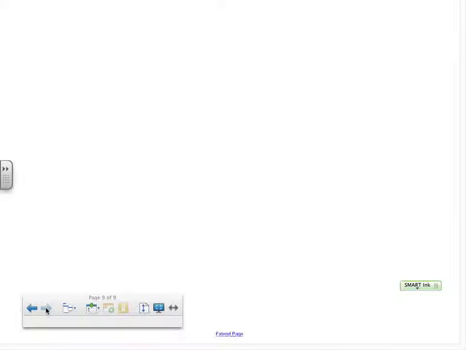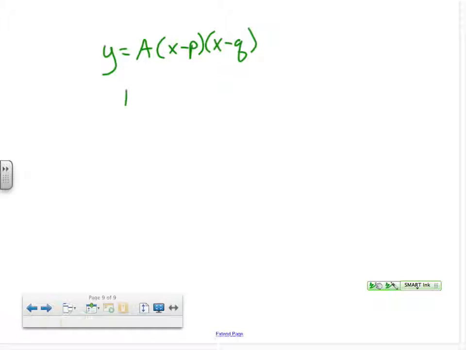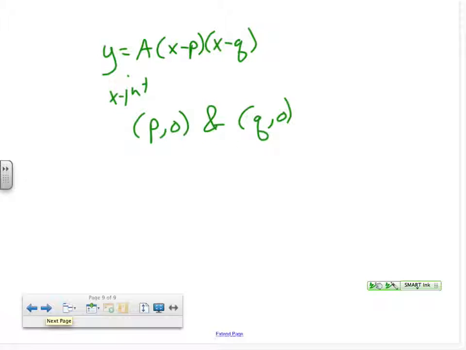So review. We got intercept form, y equals a times x minus p times x minus q. We can find our x-intercepts. They are at p and q. Those are your x-intercepts.